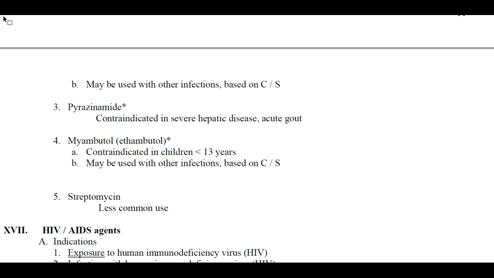Again, this medication, like your rifampin, can be used for other sorts of infection based on cultures and sensitivities. So although this is used for tuberculosis, you may see it being used for another type of disease process or infection. Lastly, you have streptomycin. You don't have to remember this. It is not used as commonly as the other medications.